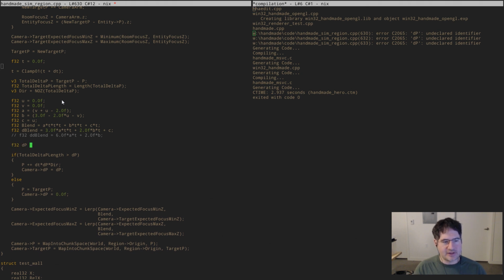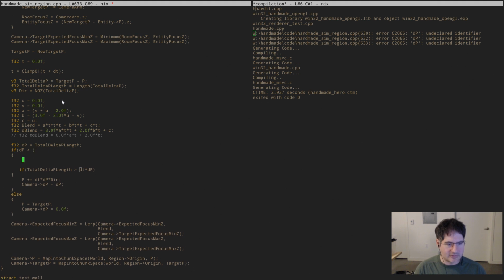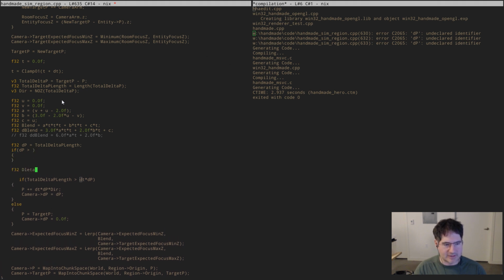So if we set the dp to like the total delta p length or something like this, and if the dp was greater than our maximum speed or something like that, and this is actually times dt, right? So that's the delta p. It's the actual time step that you're taking, the actual amount.